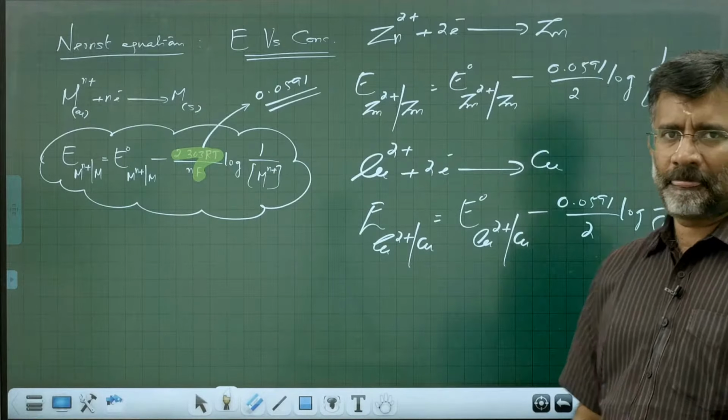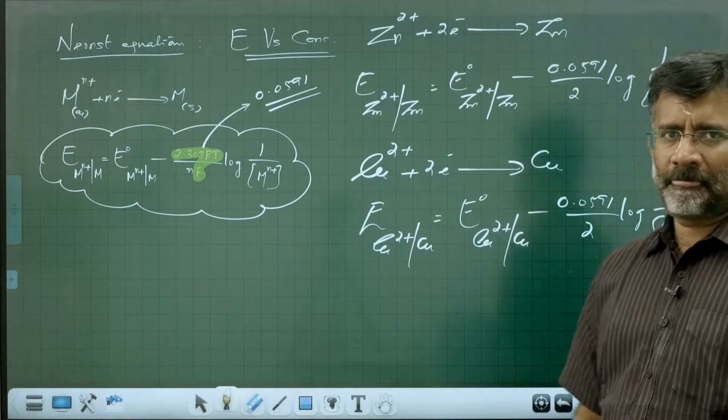You see what the reaction is here? It is Zn solid plus Cu2 plus aqueous giving Cu solid plus Zn2 plus aqueous. You see product by reactant.